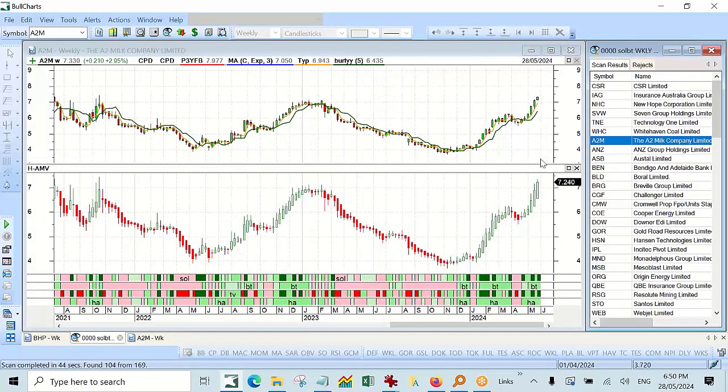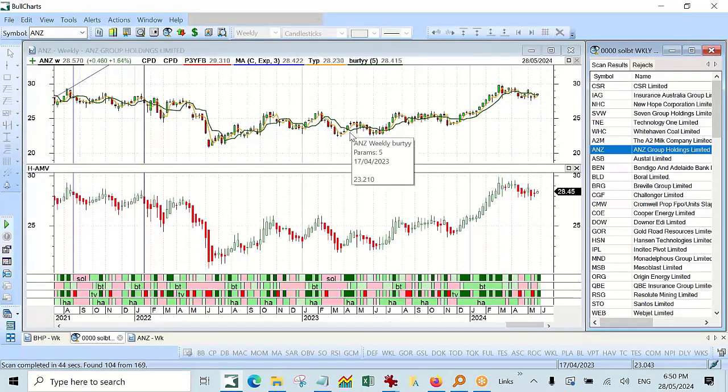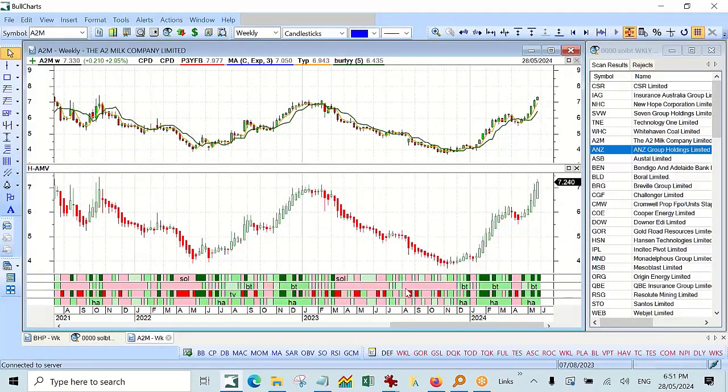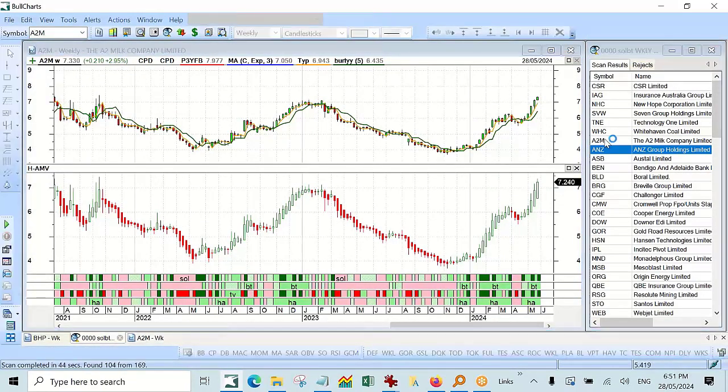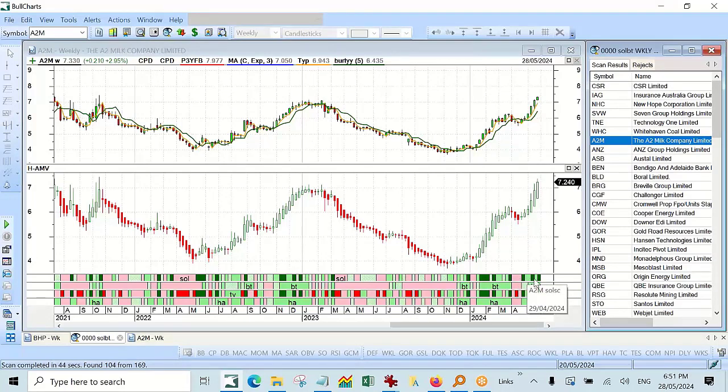Yes, that came up in the, oh, there it is. It's already in the picks that came out in the scan. The weekly scan, it's been doing quite well for a few weeks.